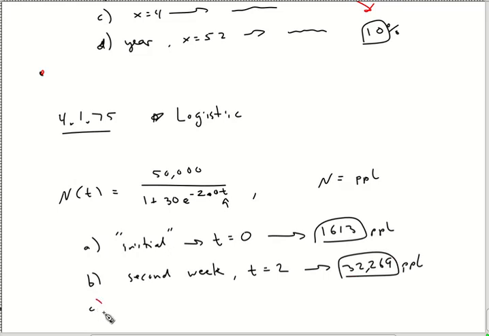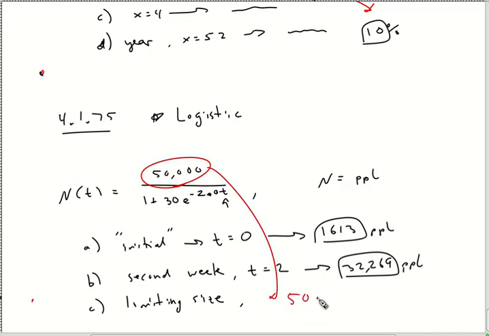And then C, it says, what's the limiting size? The limiting size. So if you look at the numerator, that's your limiting size right there. Very simple. There's no math involved. So there you go, 50,000, and we're done with that problem.